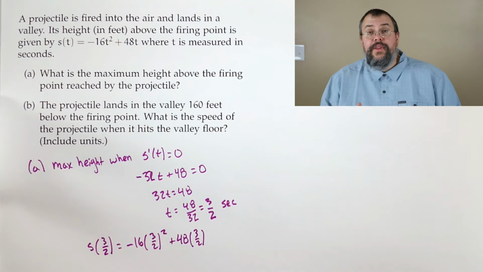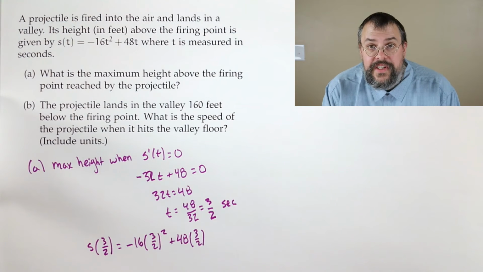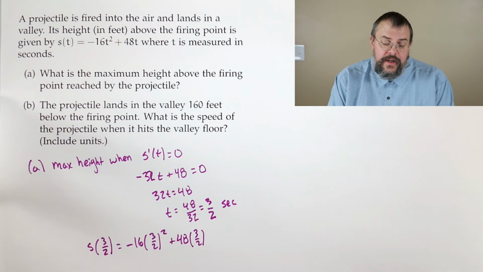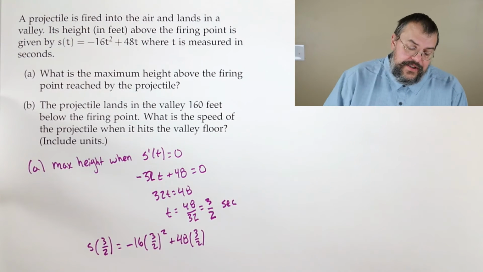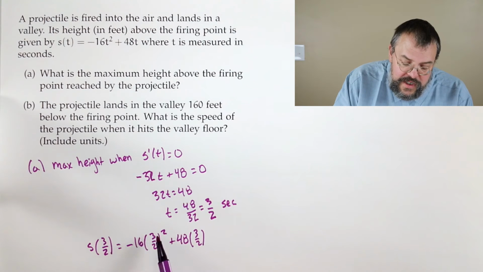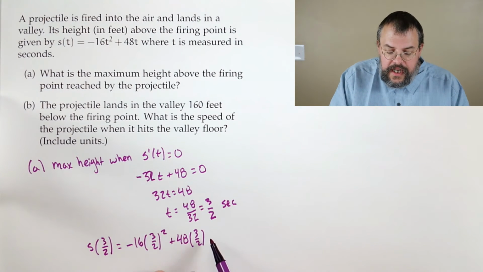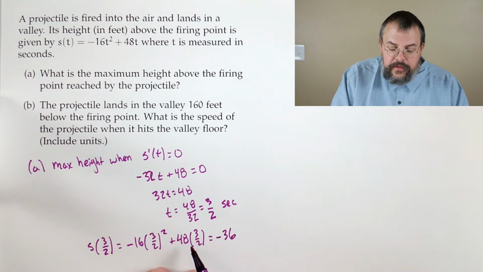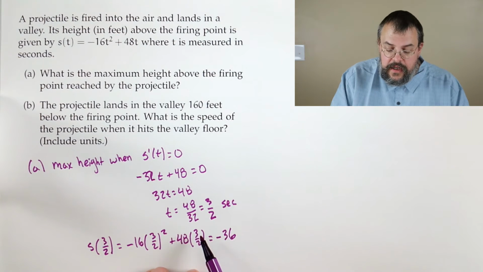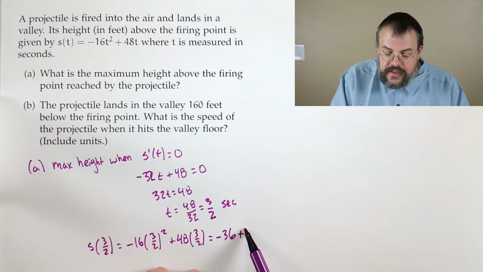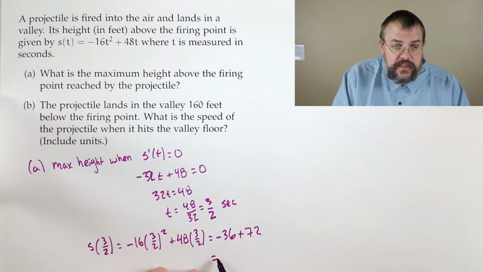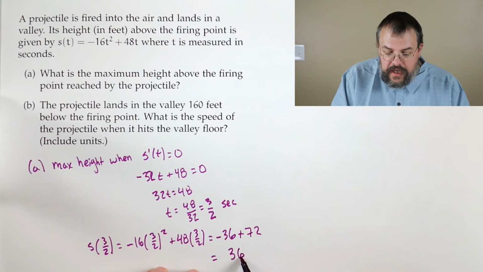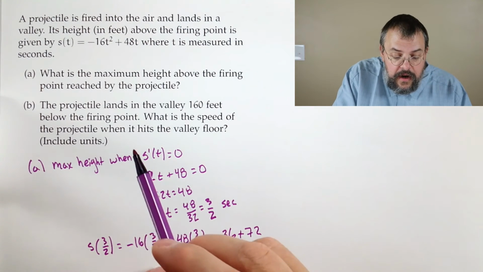Now, if you square 3 halves, that's 9/4. 16 divided by 4 is 4, and so you'll end up with 4 times 9, which is a negative 36. Here, 48 divided by 2 is 24, times 3 is 72, so plus 72, which gets us up to 36. And our units here are feet.